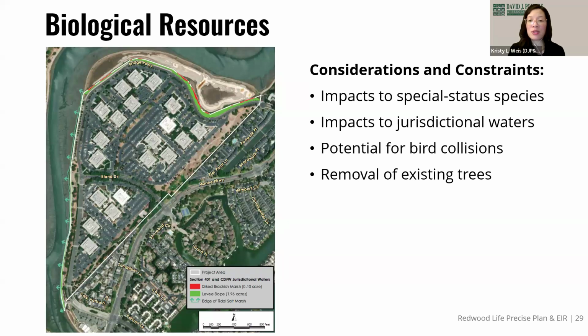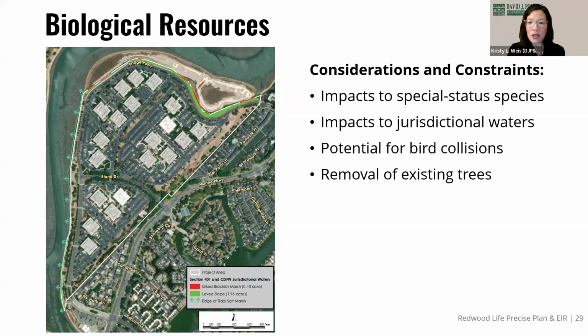If future development results in impacts to jurisdictional waters, such as Belmont Slough, or the levee slope or riparian habitat, which are regulated by agencies including the U.S. Army Corps of Engineers, the Regional Water Quality Control Board, California Department of Fish and Wildlife, or the BCDC, mitigation and permits from the appropriate agency would be required. And the map on this slide just shows the different jurisdictional waters.